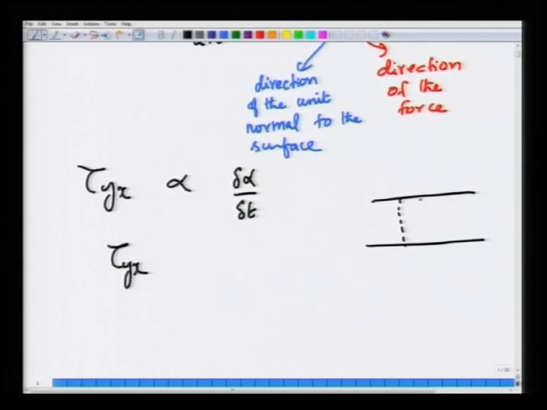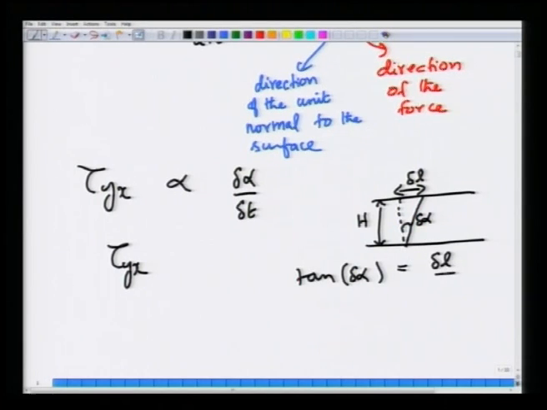This was the line before deformation, this is delta alpha, this is the small displacement delta L, and this is the thickness of the fluid H. Tan of delta alpha is delta L by H, but for small enough angles, delta alpha is approximately delta L by H.